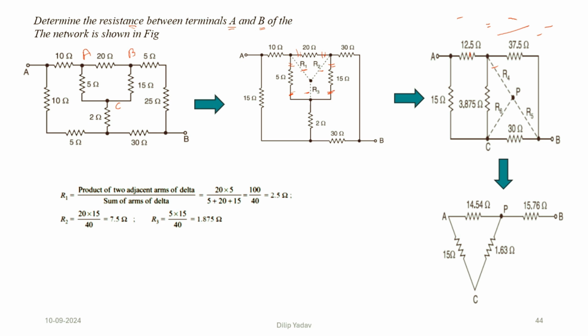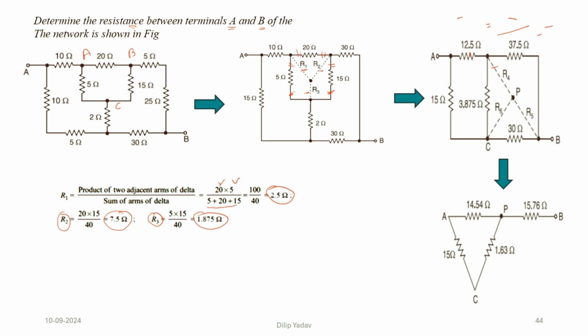Here you can see R1: the two branches connected to it are 20 and 5, and the equivalent resistance we calculated is 2.5 ohm. Then we calculated R2, that is 20 into 15, which is 7.5. Then R3 is 1.875.